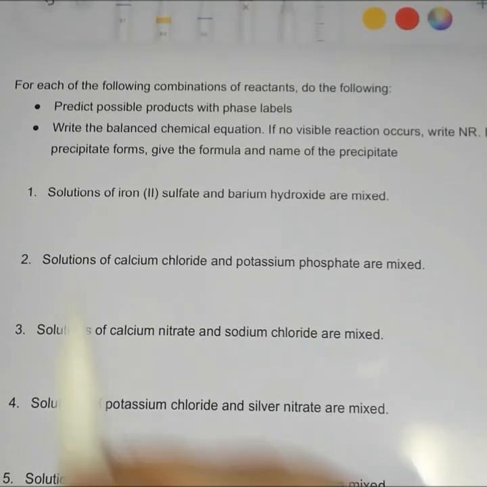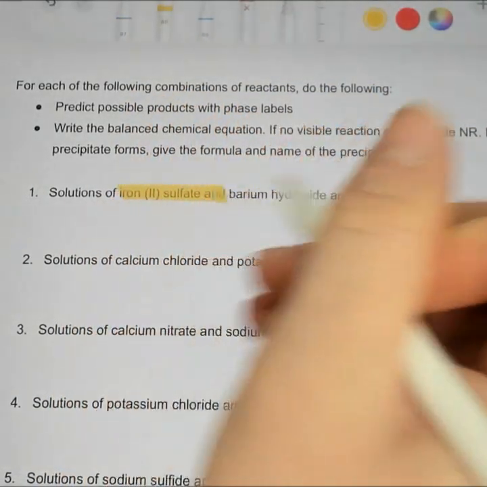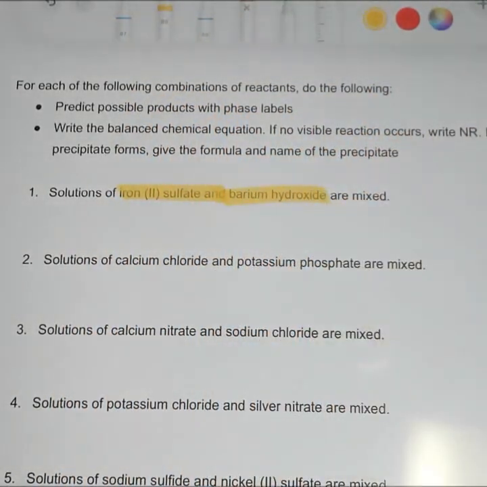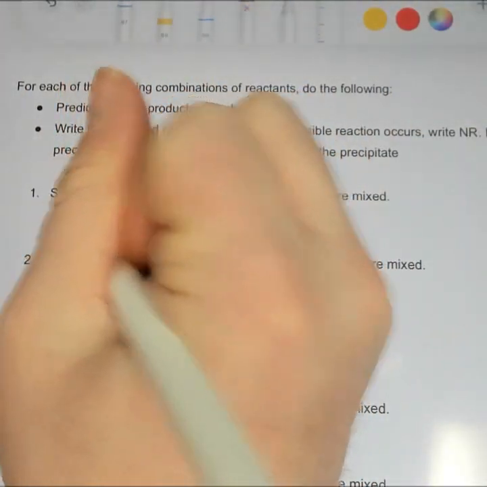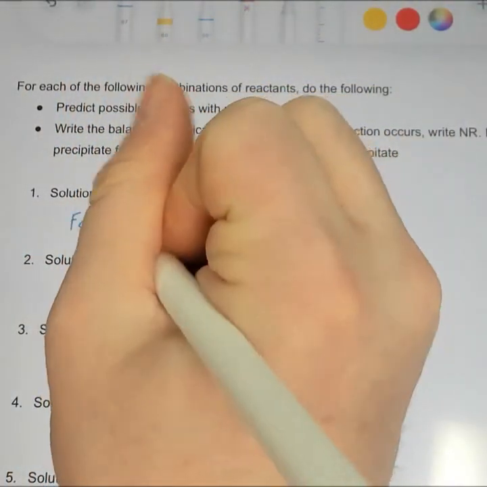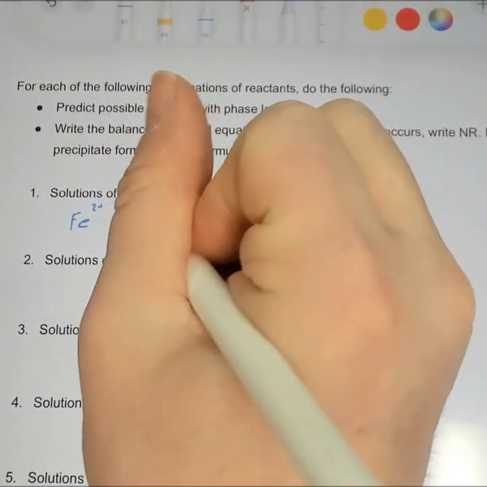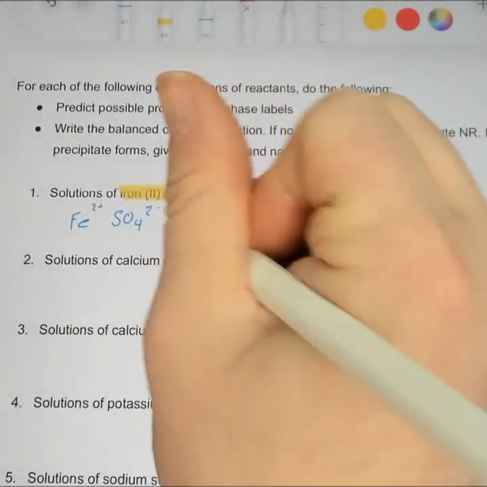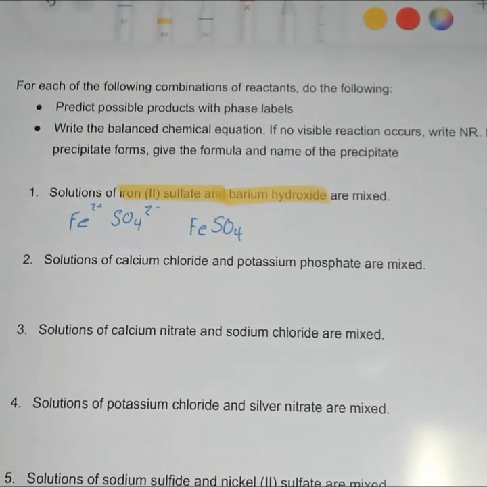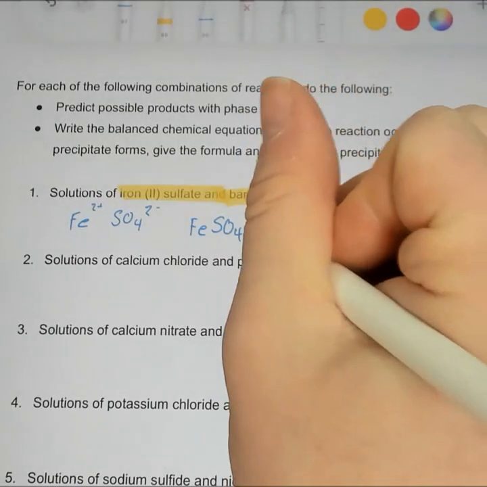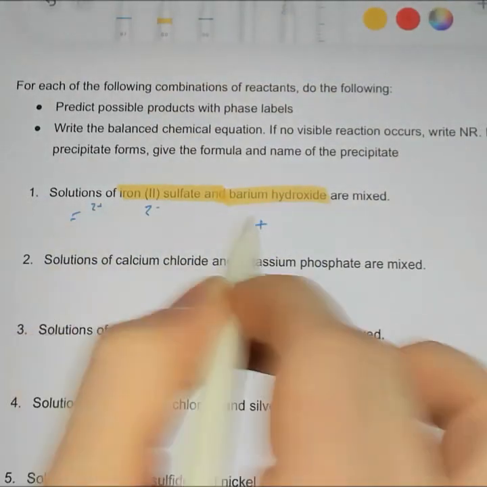So we have a solution of iron(II) sulfate and barium hydroxide. So that's our solution. So iron we know is Fe. Iron is Fe 2+. Sulfate is 2 minus, so we get iron sulfate, because our charges cancel out, plus barium. Actually, hold on.